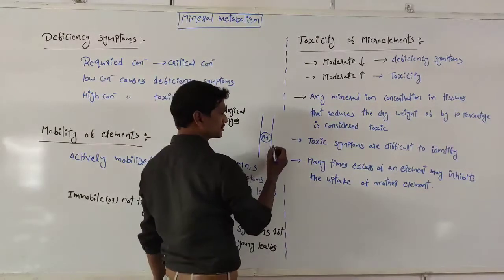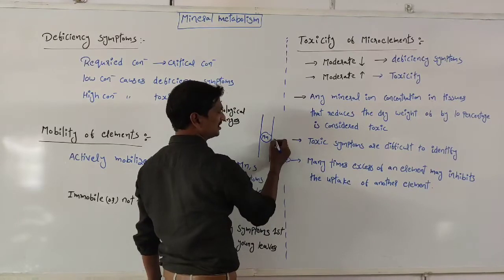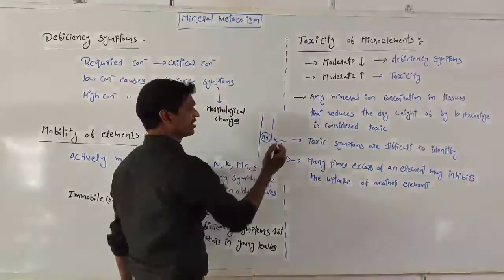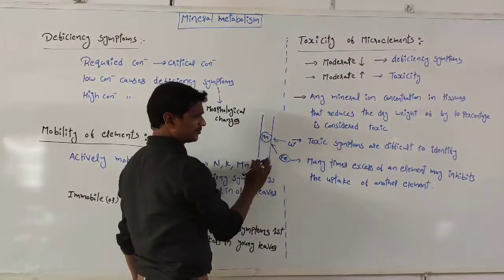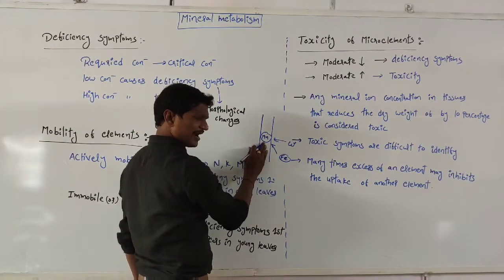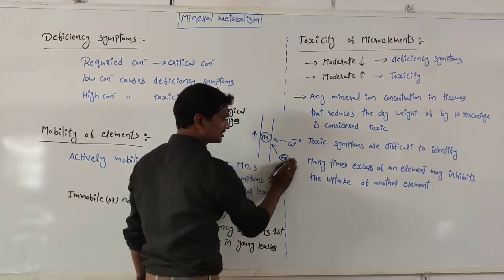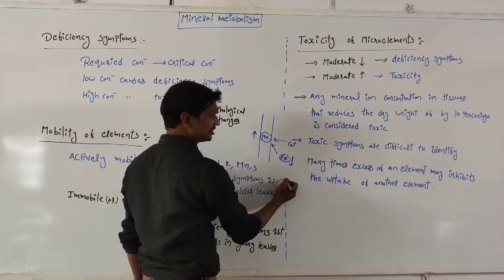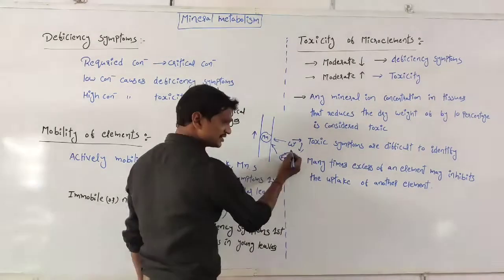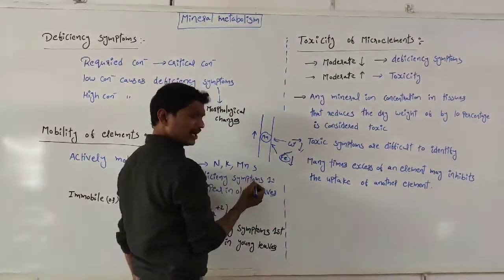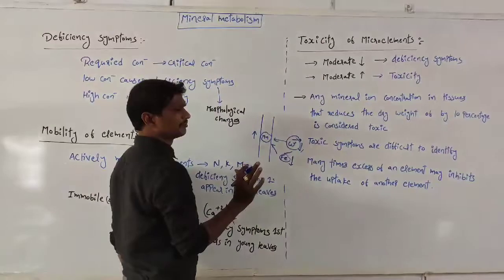If the manganese concentration is more, this affects the absorption of iron, and also affects the absorption of other metals like potassium and some others. See, I am giving an example here. So here, metal manganese, high concentration decreases the absorption of iron and decreases the absorption of other elements. So iron deficiency symptoms appear, and other mineral deficiency symptoms also appear.